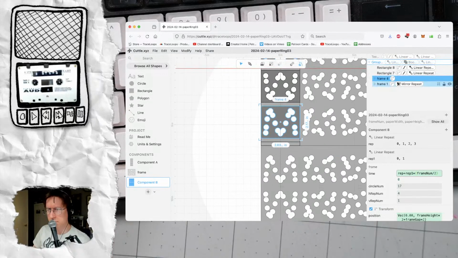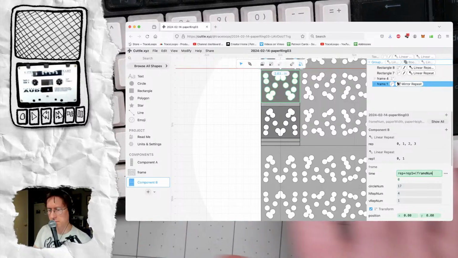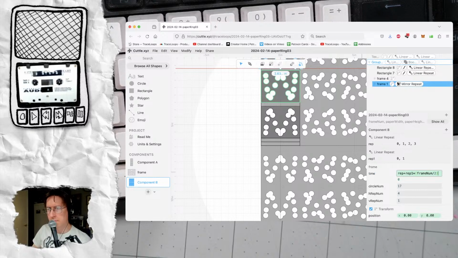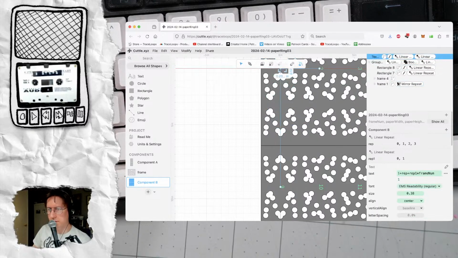Rep times frame num divided by 2. Now let's come to text. Glad I checked that because it should have been.